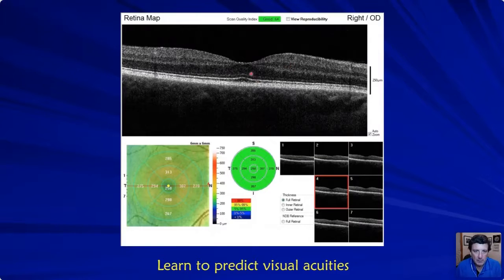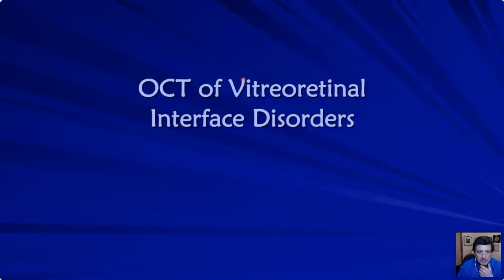So this is where you want to look. And I'm going to show you some scans tonight where there are some epiretinal membranes, and this retina is really, really thick. And you can see that as long as the photoreceptors are intact, you're going to have some pretty good acuities there. So now, the OCT of vitreoretinal interface disorders.